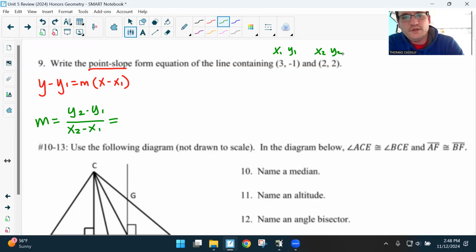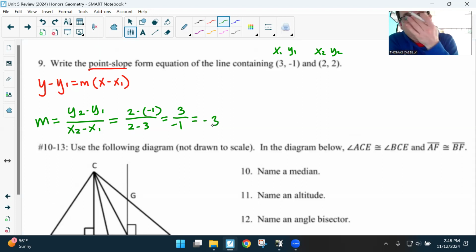So this is going to be, so we got 2 minus -1 on top. We have 2 minus 3 in the denominator. All right, so minus negatives plus. 2 plus 1 gives us a 3 on top. Let me fix that. 3 on top and a -1 on bottom. If you want to simplify that, you can call it -3.